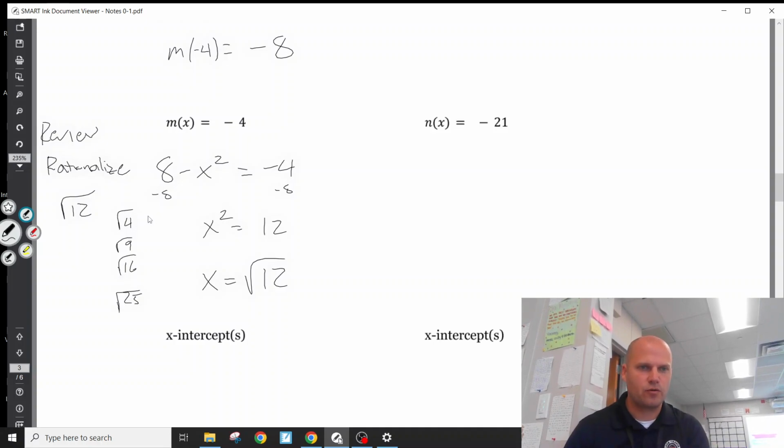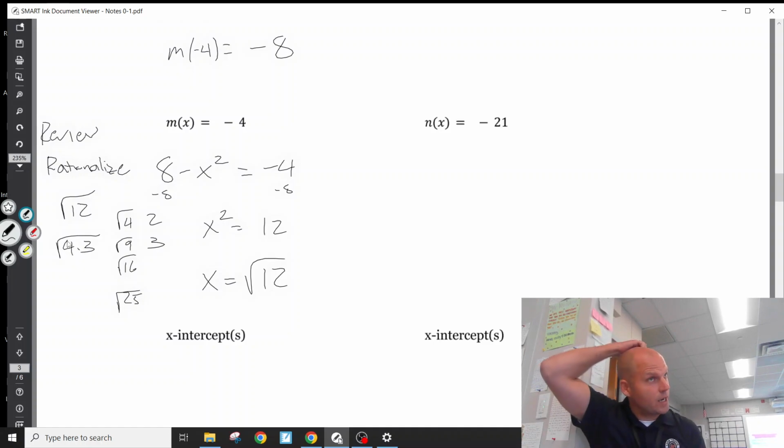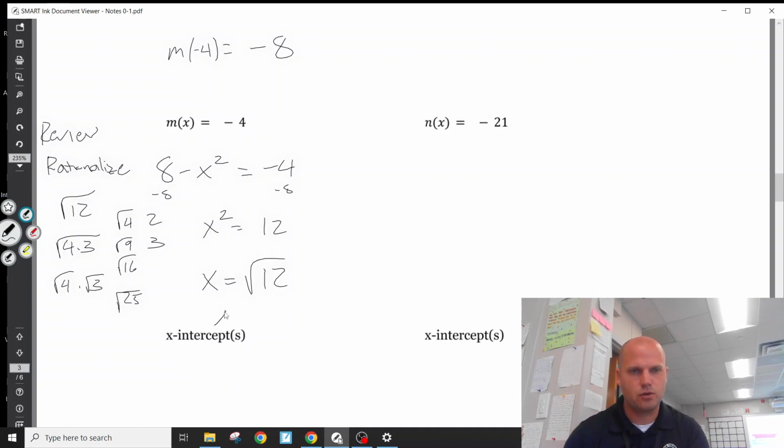Like 2 squared is 4, so the square root of 4 is 2. 3 squared is 9, so the square root of 9 is 3. We can rewrite 12 as 4 times 3. So I could use root 12 rewritten as root 4 times 3. And then the square root of 4 times the square root of 3, using an exponent property. And we realize that this is 2 root 3.